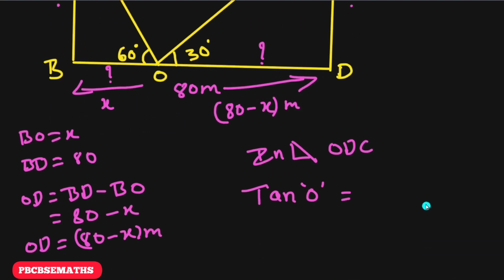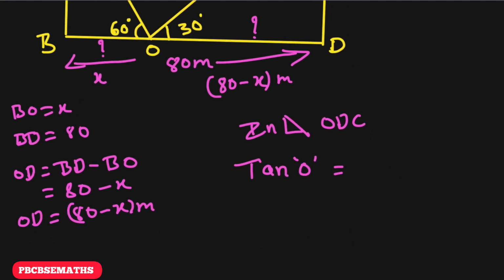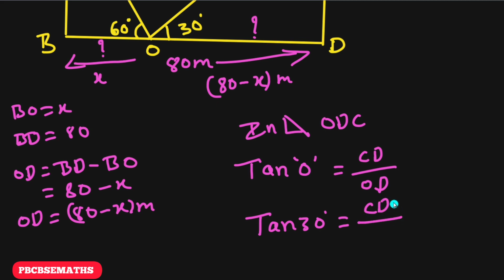So let's write that tan O is equal to CD by OD. The value of the angle O is 30 degrees. So let's write tan 30 degree is equal to, we don't know the value of CD, let's write it as it is, divided by the value of OD, which is 80 minus x meters.